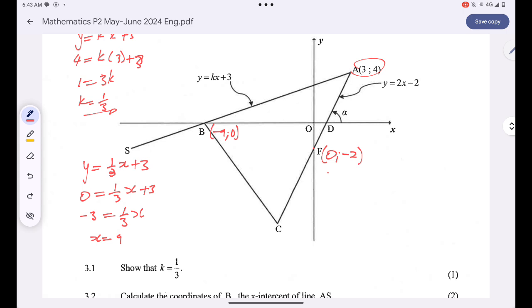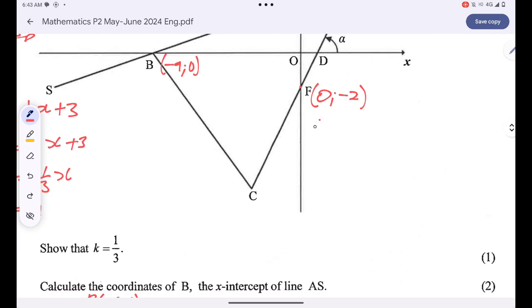Now, since F is the midpoint, I know that the x value at F is equal to the x value at A plus the x value at C, over 2. The same thing applies to the y value. The y value at F is equal to the y value at A plus the y value at C, over 2.